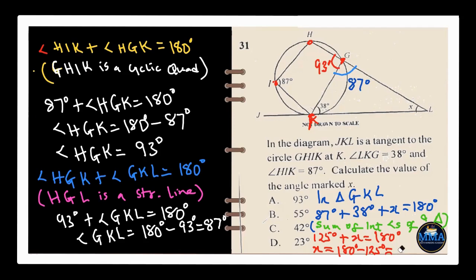And so if we check through the options given, we have 55 degrees as the value of S, and that's option B. So we'll proceed now to question number 32.